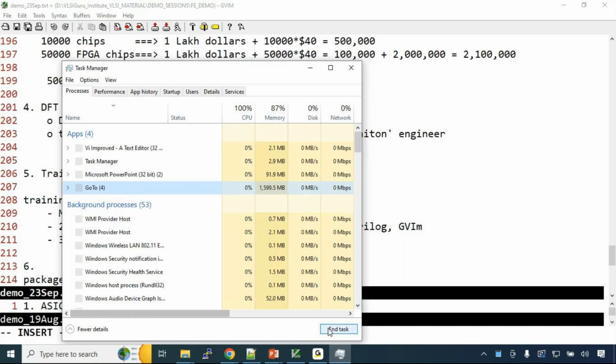So the DFT engineer salary is not a fixed number. It's a range. It's not like a central government job where 5 years experience means you'll get 8 lakhs, 7 years means you'll get 12 lakhs. Not like that.